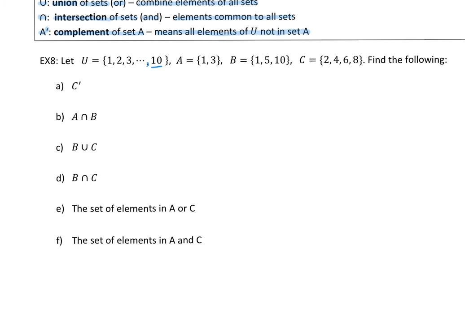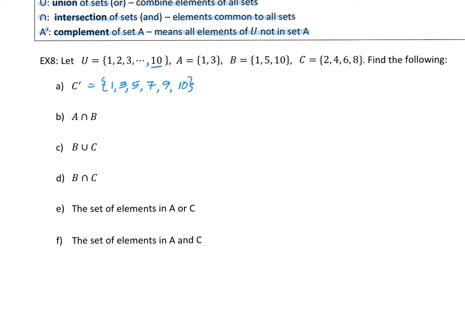And then we have these subsets of our universal set. We have set A, which is the set 1, 3, B is 1, 5, 10, and C is 2, 4, 6, 8. We want to find the following. Part A, C complement. So C complement is going to be a set. It's going to be the set of everything in U that's not in C. So we're going to take C away from U. What would be left over is 1, 3, 5, 7, 9, 10.